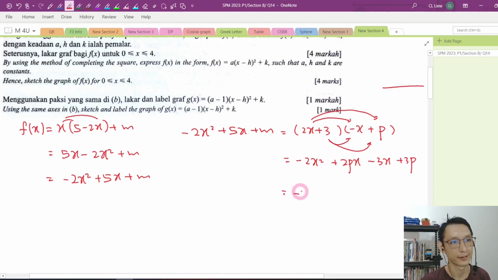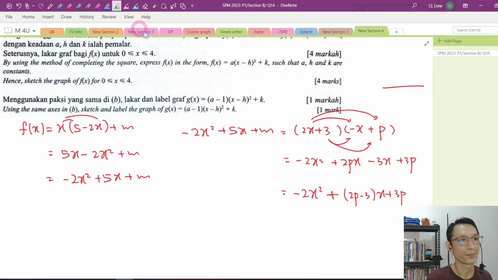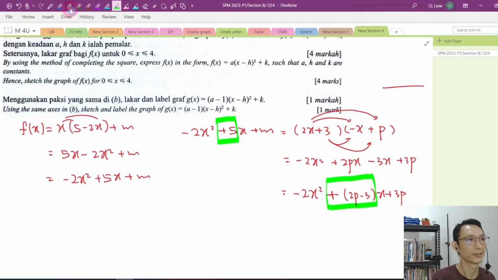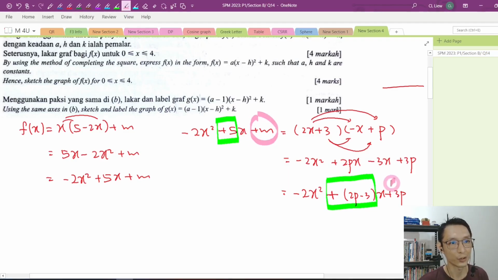Okay. Factorize the x out, you will get 2p minus 3 x plus 3p. Then just compare both sides. This is equal to this. And this one is equal to this one.